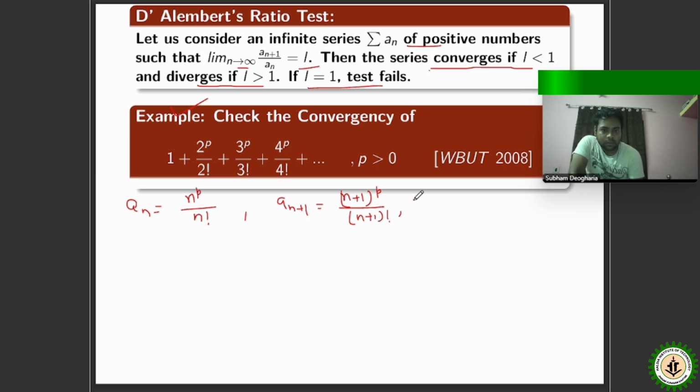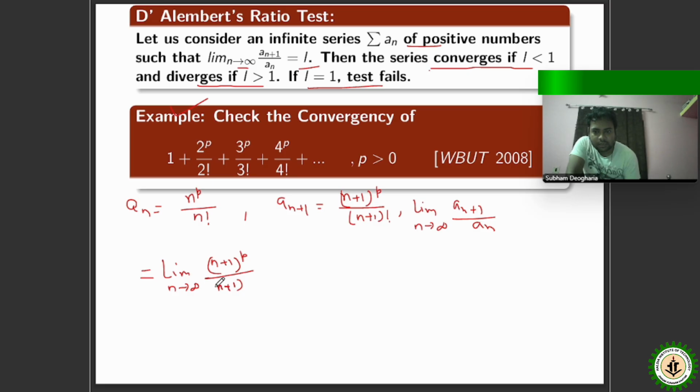So the limit as n tends to infinity of a(n plus 1) by an gives the limit of (n plus 1) to the power p by (n plus 1) into n factorial, times n factorial by n to the power p. So this and this will be cancelled.